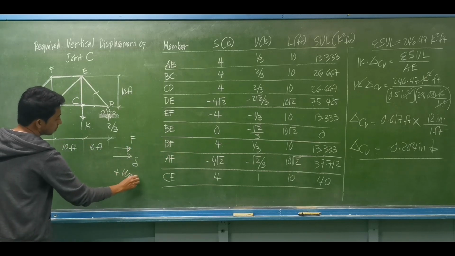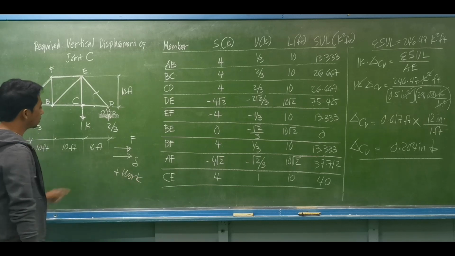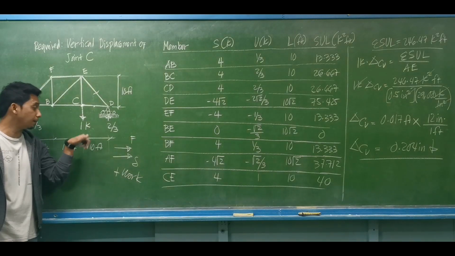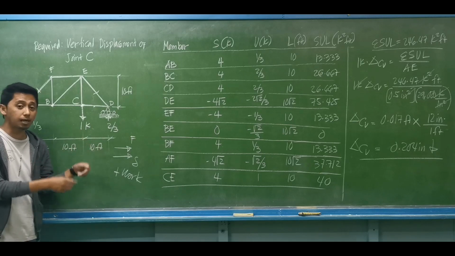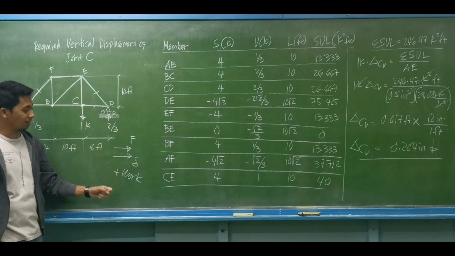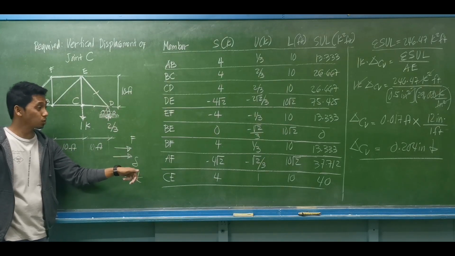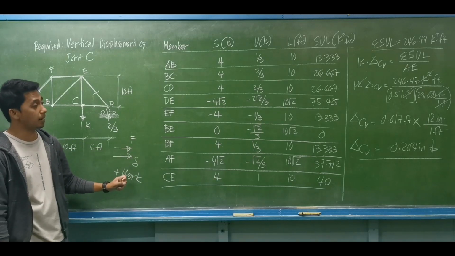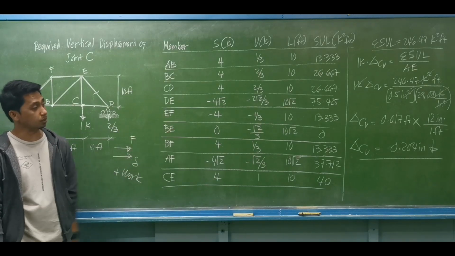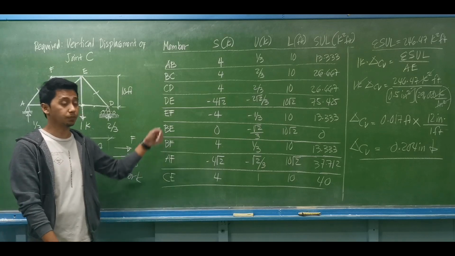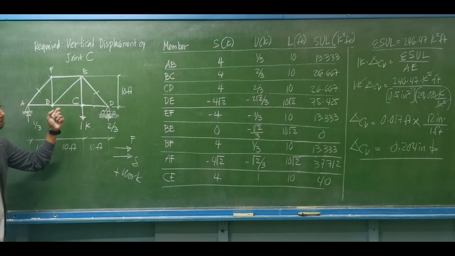Our assumption here is 1 kip downward, assuming that the displacement is downward. So which means correct assumption, we have a positive work. That is equal to 0.204 inch downward vertical displacement.